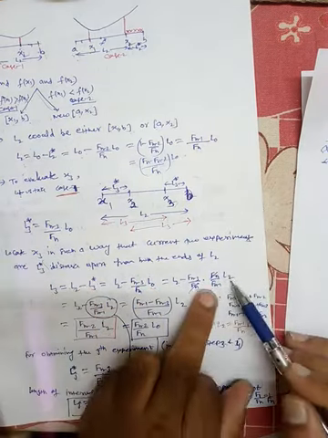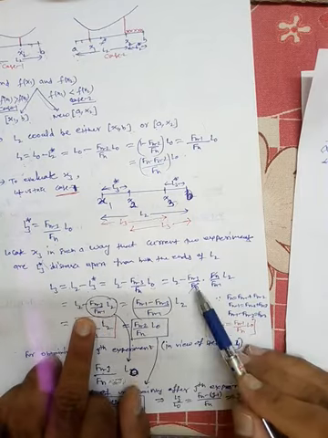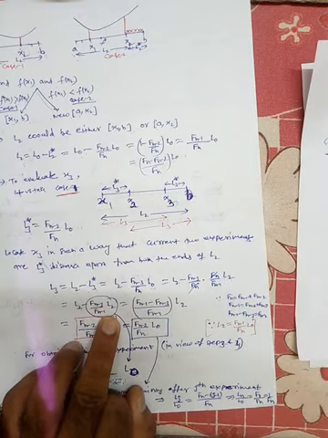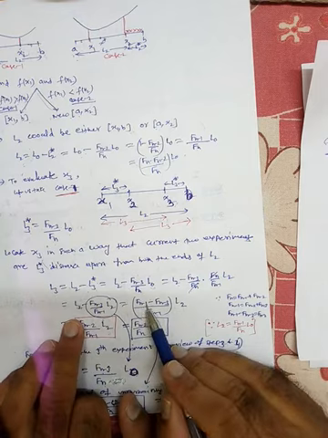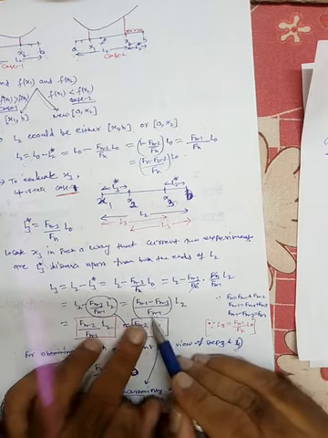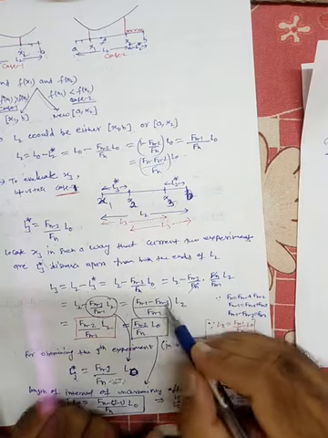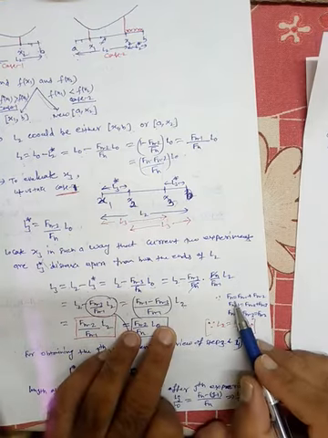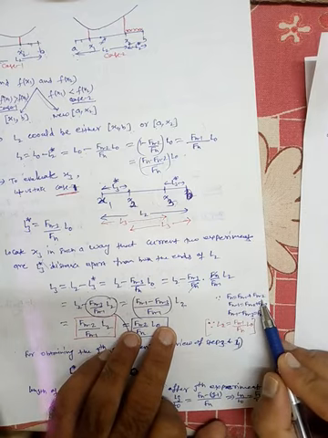So fn is cancelled out with fn, and we get L2 minus f of n minus 3 divided by f of n minus 1 into L2. Now when you take L2 common, we get f of n minus 1 minus f of n minus 3 by f of n minus 1 L2. Here we have n minus 3. We know the formula f of n equals f of n minus 1 plus f of n minus 2.